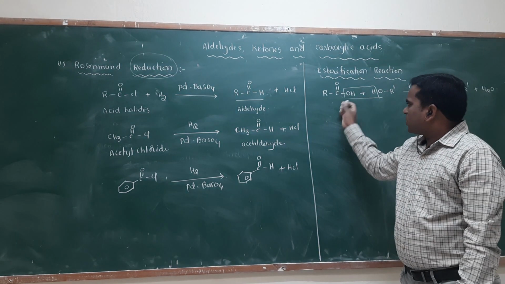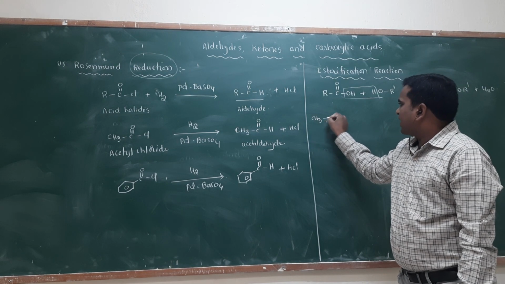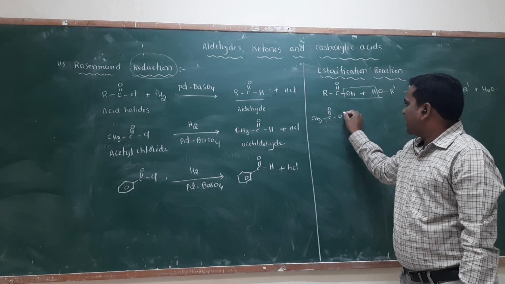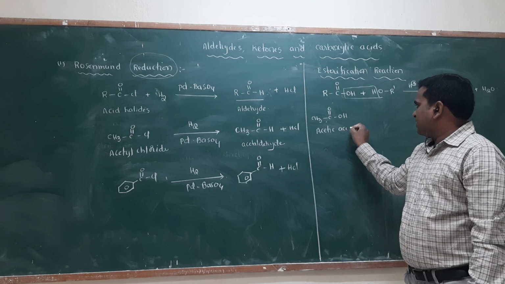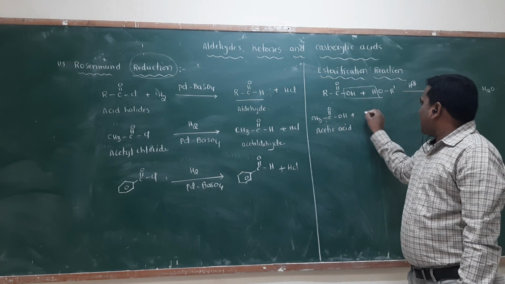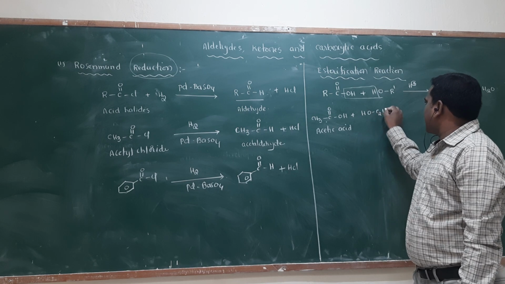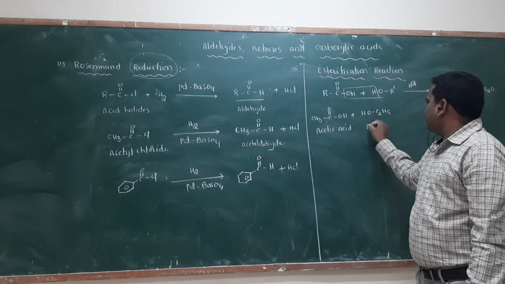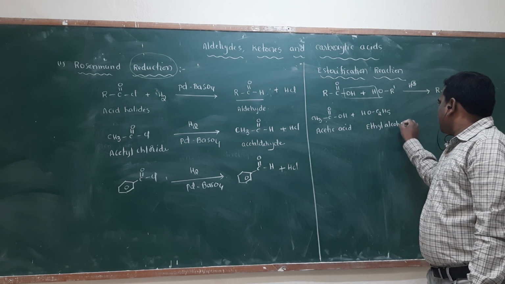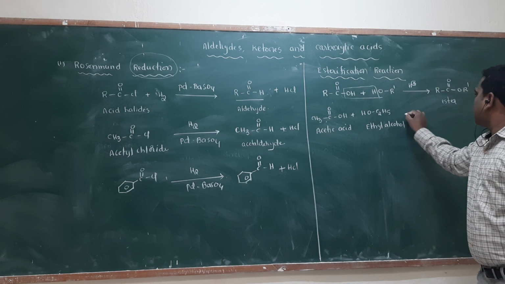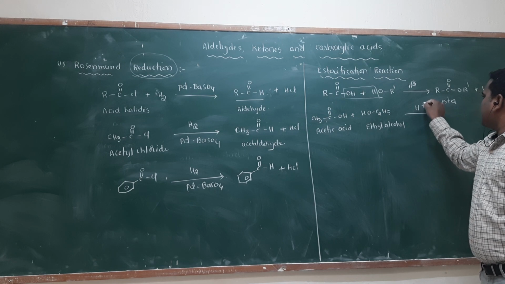Simple, take another example. I will take acid, acetic acid I have taken. This we will call acetic acid. And ethyl alcohol I will take, C2H5OH. This we will call ethyl alcohol. In which medium? I am taking the acidic medium.